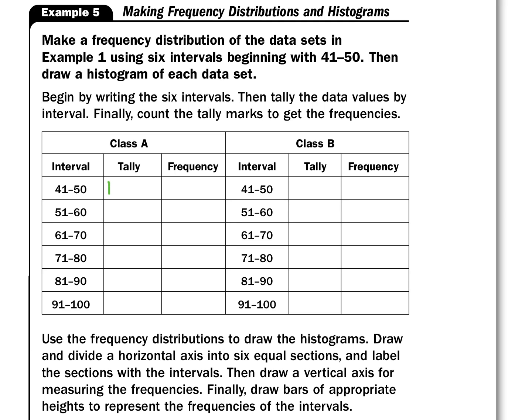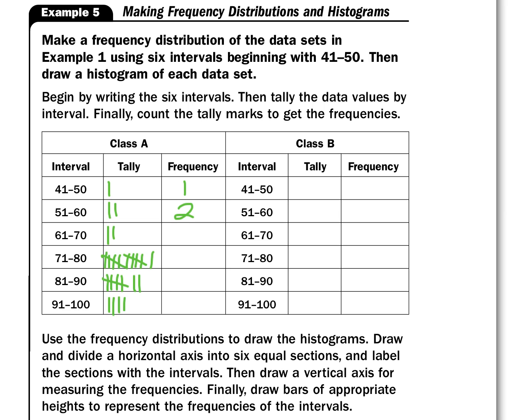So we have 1 in the 41 to 50 range, 2 in the 51 to 60 range, 2 in the 61 to 70, 11 total in the 71 to 80, 7 total in the 81 to 90, and 4 total in the 91 to 100.